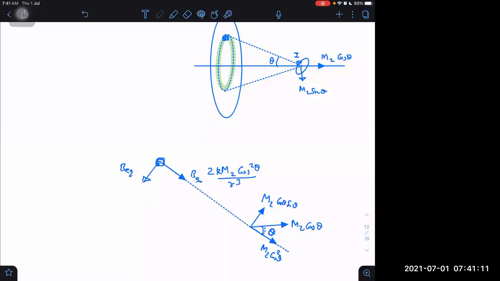The minus sign means the direction is already opposite, but in that case, k into m2 into cos theta sin theta by r cube will appear. Is that right? Yes, sir. It was m2, sorry, correct only.